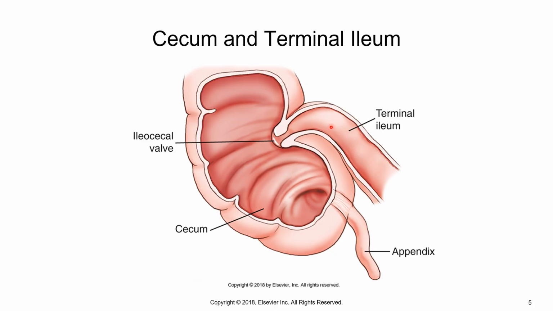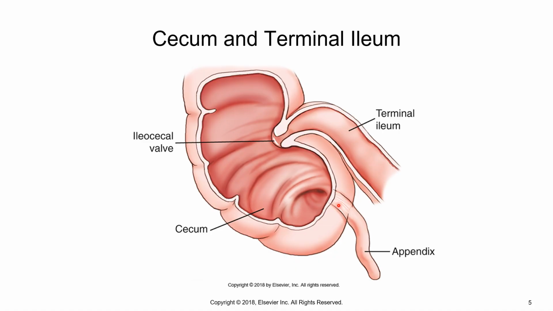When food or chyme passes from the small to the large intestine, it passes through the ileocecal valve. Then it enters the first part of the large intestine, which is your cecum, this blind pouch. If the patient has it, then off of the cecum they would have their vermiform appendix.